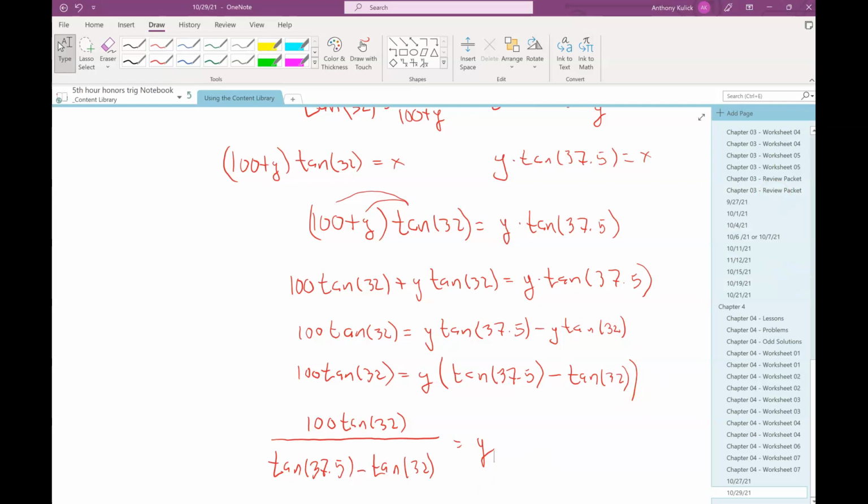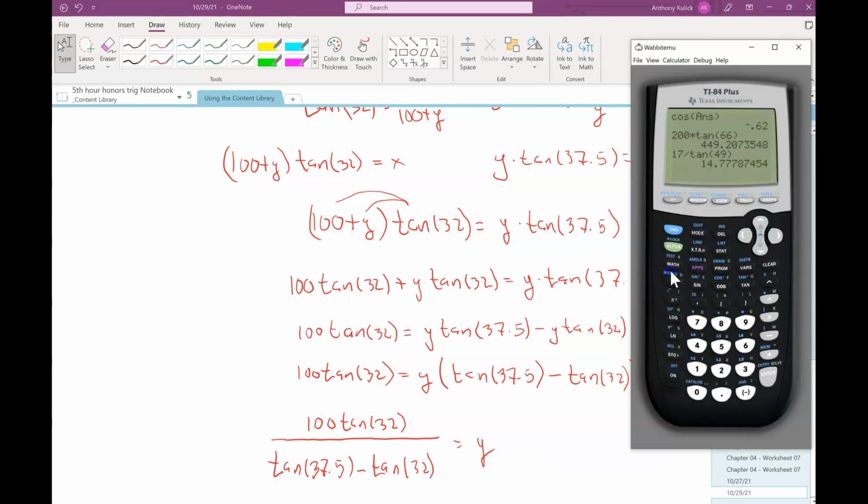Calculator time. So I'm going to use alpha y equals and select the numerator over denominator command because this would get kind of hairy with the number of parentheses in it. But if I do it this way, I can just type it in the same way it looks on my sheet of paper, which makes life a little bit easier.